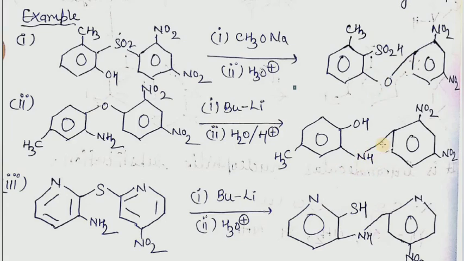Here in this case, the bond will be formed between nitrogen and this carbon. This is the ipso carbon, the carbon at which this S was actually attached before the completion of this reaction. So these are the correct products of this reaction.